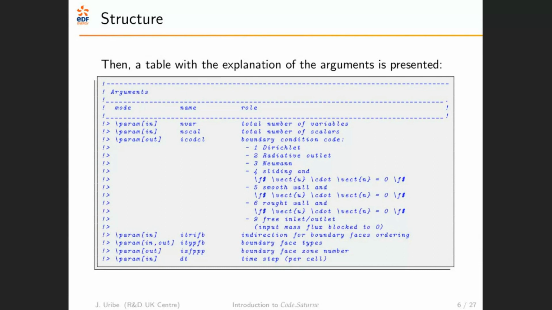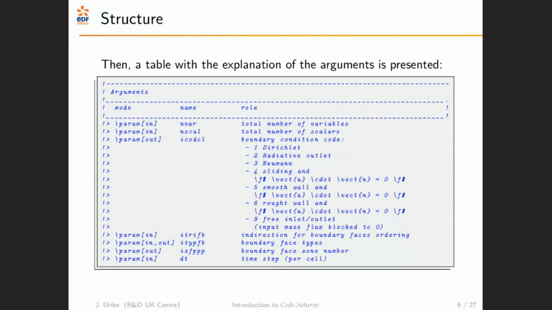One thing to take into account when you're programming in Code Saturn is that most of these things come from when it was written in Fortran 77, about 20 years ago. And one of the limitations was that the variables had to be a maximum of 6 characters long.